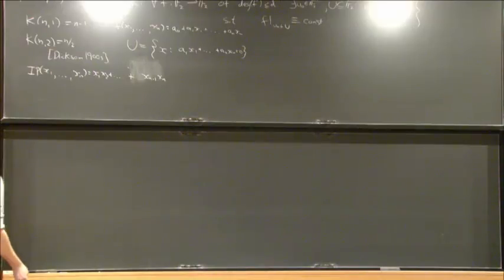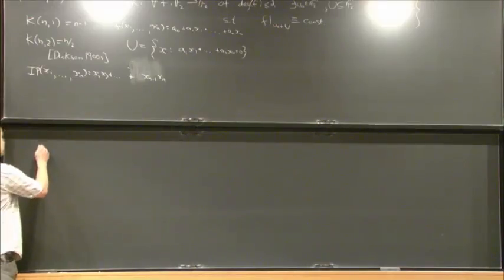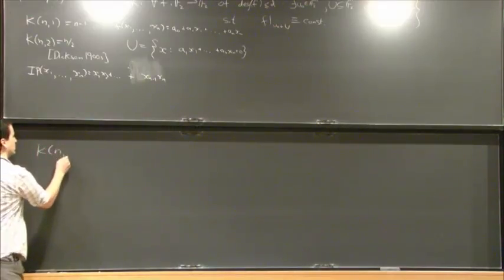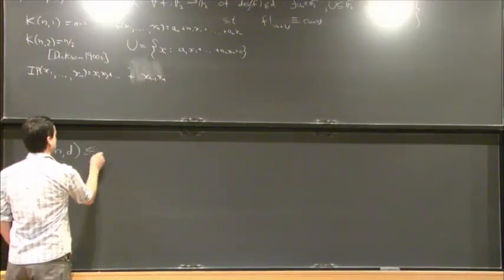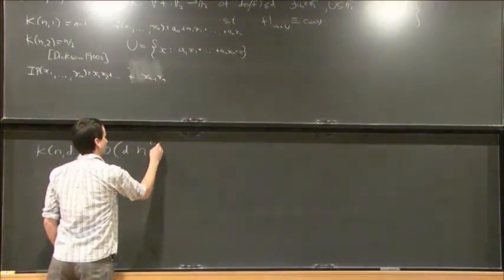Okay, so what else is known? If you apply a standard probabilistic method, and you take a random degree d polynomial, then it's not hard to show that K_{n,d} is at most O of d times n to the 1 over d minus 1.